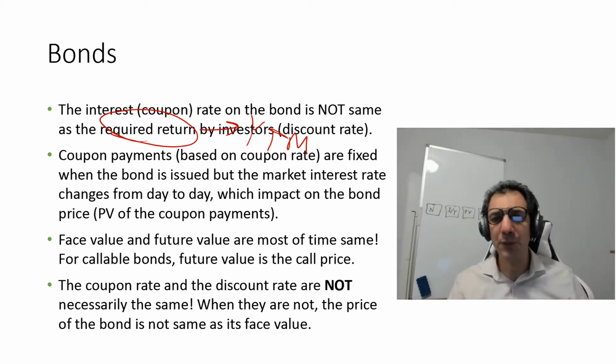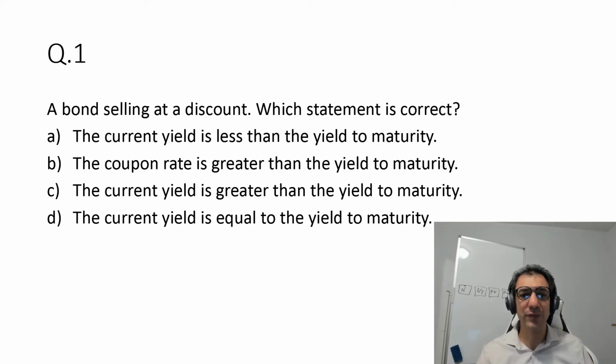Now let's look at the questions related to this module. The first question I have here is a bond selling at a discount. Which statement is correct? We talked about this, and we mentioned there is a relationship between the coupon rate, current yield, and YTM.